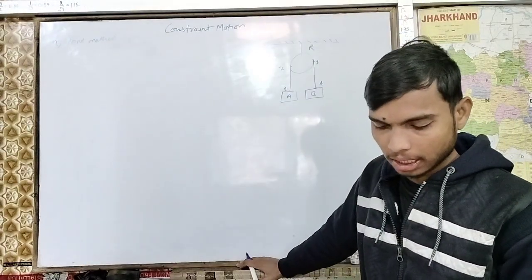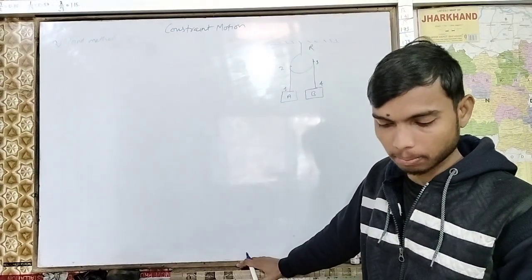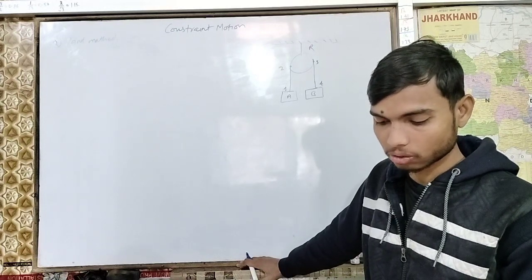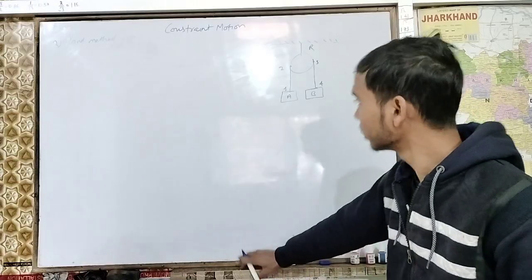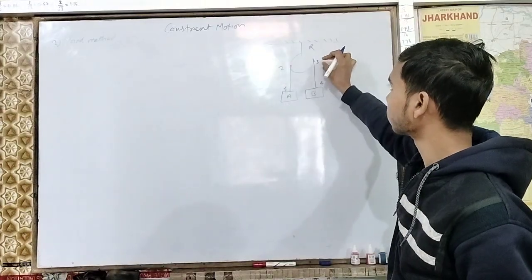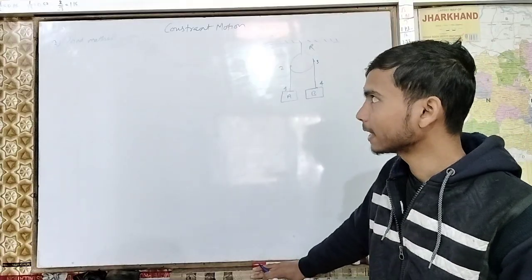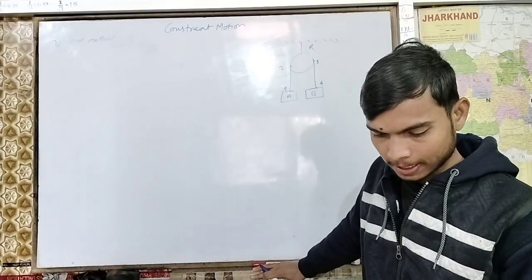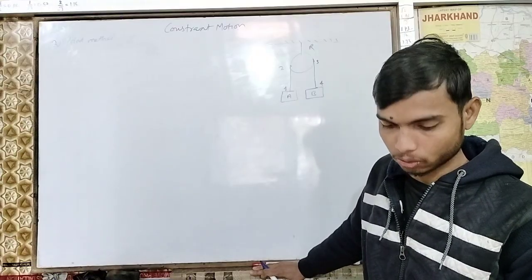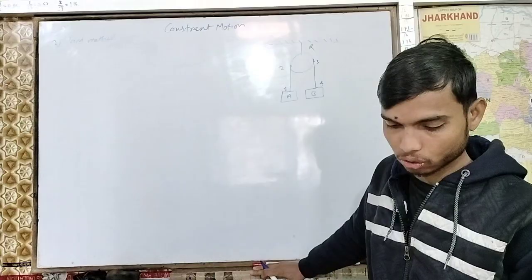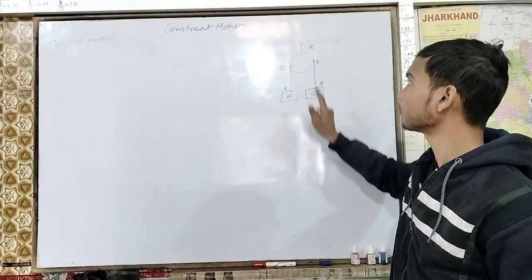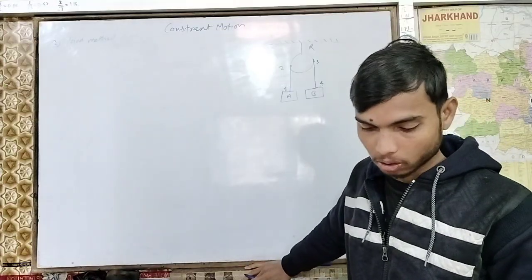Number and mark the points where the string touches or loses contact with a rigid body. This is one point, the second point, third point, fourth point. Make the sum of velocities of all points equal to 0. This V1, V2 plus V3 plus V4 will be equal to 0.